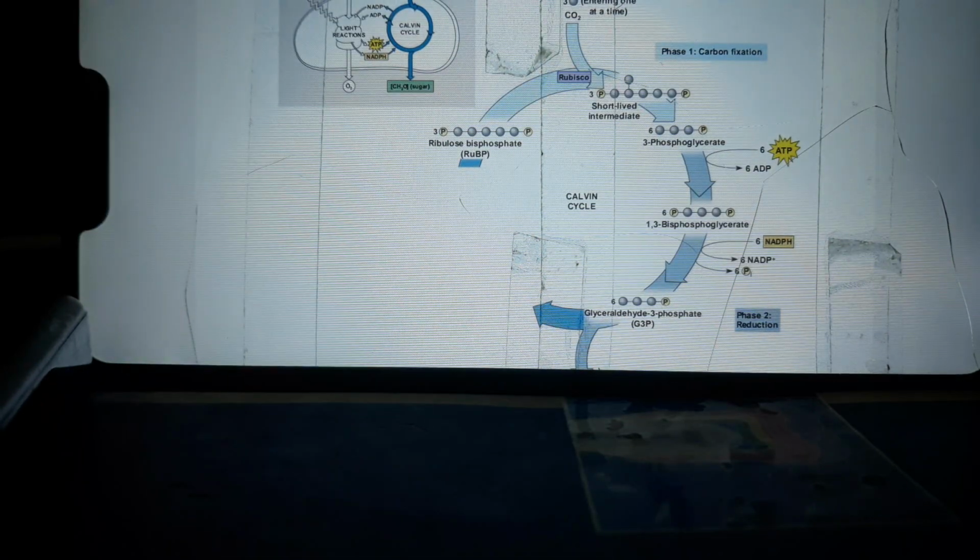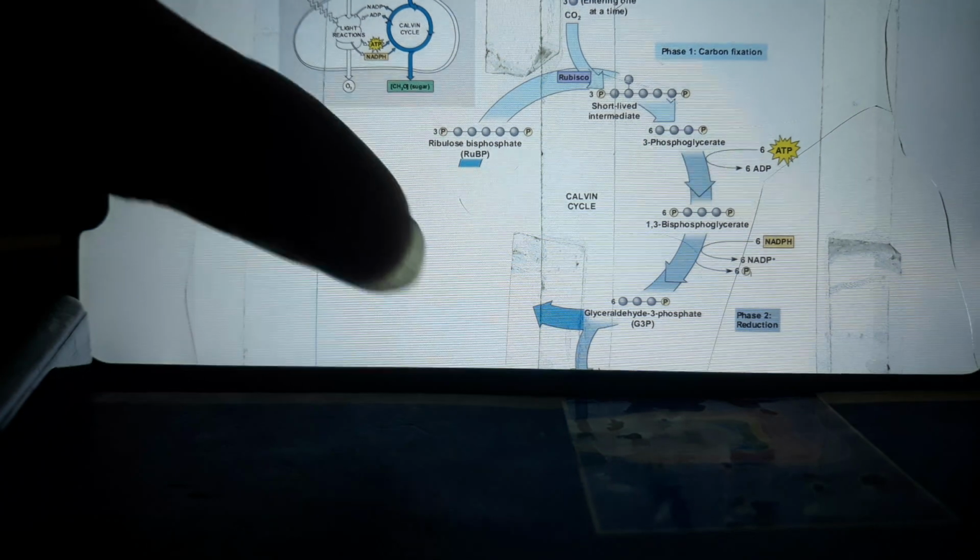Right? That's a cycle there, where you have CO2 entering one at a time, plus ribulose biphosphate, that's RuBP. And in phase 1, you have carbon fixation, where it's the short-lived intermediate phase that leads to 3-phosphoglycerate, in the presence of 6 ATP to 6 ADP.